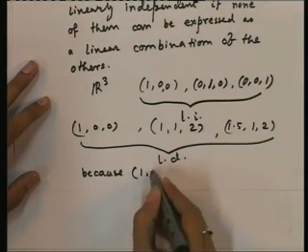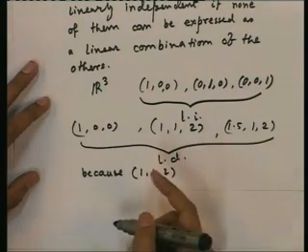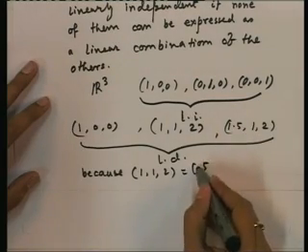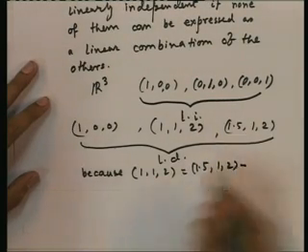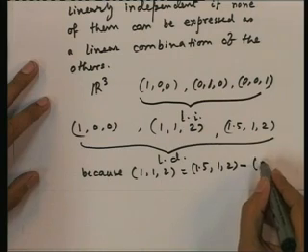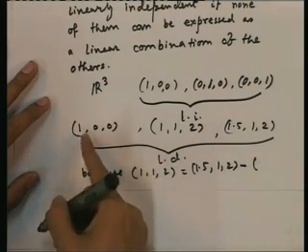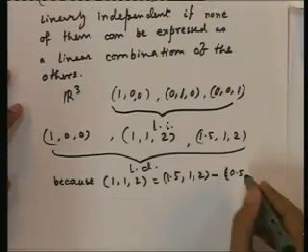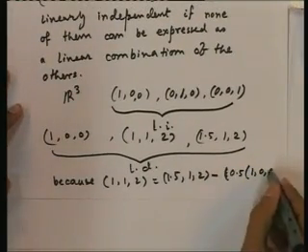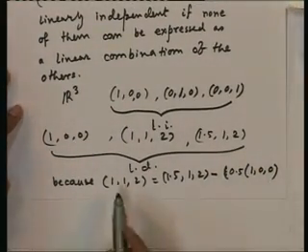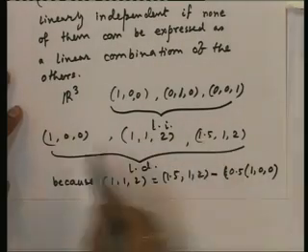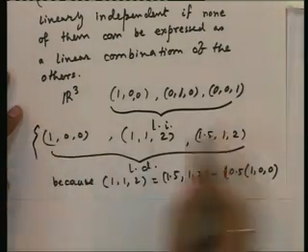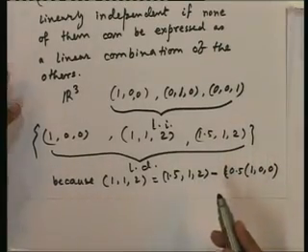Let us see, (1, 1, 2), this vector is nothing but this vector (1.5, 1, 2) minus half times this vector. So this vector is a linear combination of these two vectors. So this set of vectors is not linearly independent, they are linearly dependent. Okay.